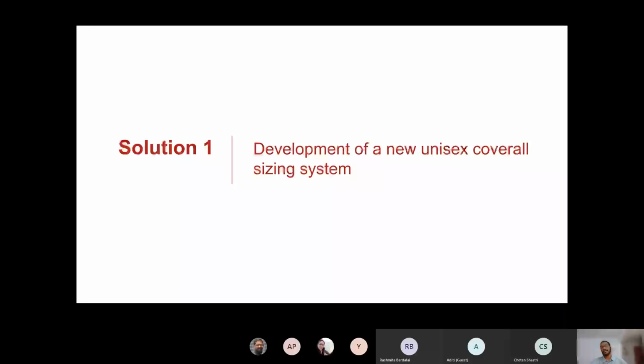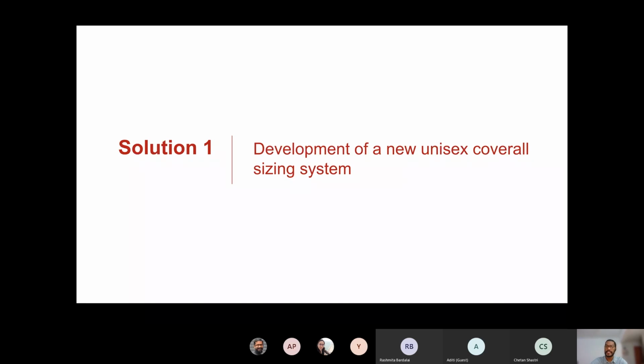And based on the first focus group study, as I said, the three broad areas of research that emerged were, the first one where I tried to look into developing a sizing system for existing coverall, existing pesticide applicators.